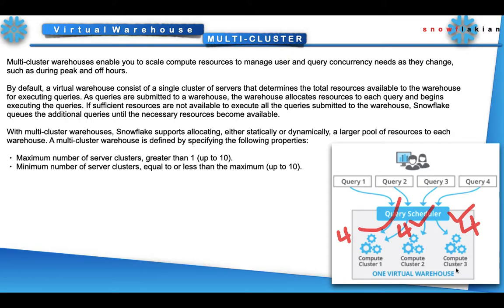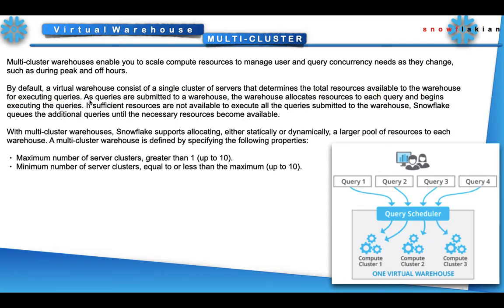So now your virtual warehouse is capable of handling huge loads. Let us see how it differs. See, by default, a virtual warehouse consists of a single cluster of servers. That is what we have seen in the previous slides. So the total resources are available to the warehouse for executing queries.